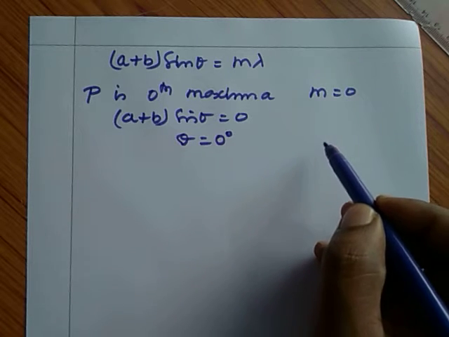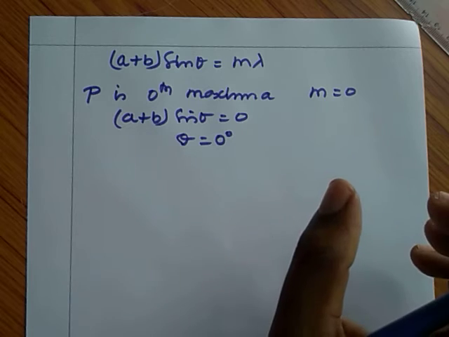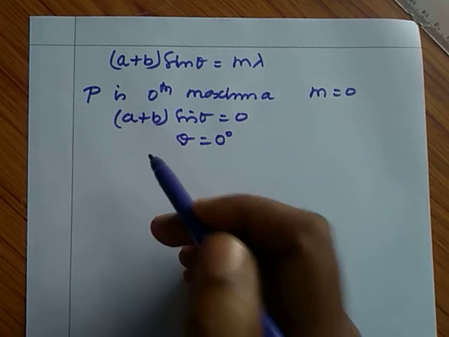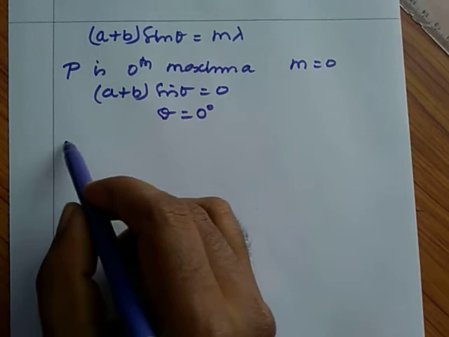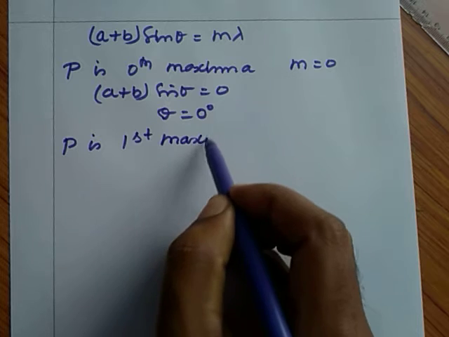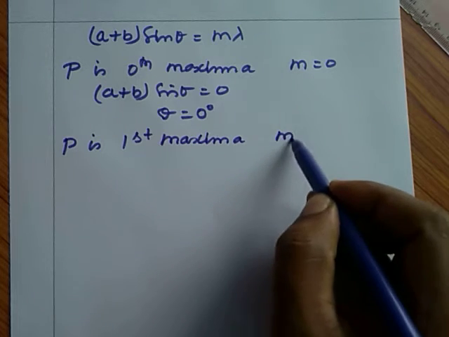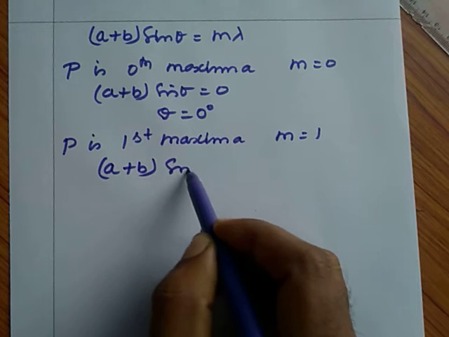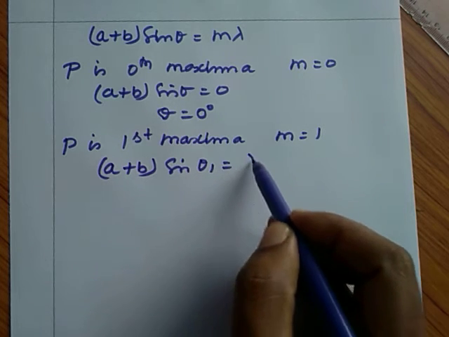This shows the central maxima is at an angle of 0 degrees. Then for the point P to be the first maxima, we put m is equal to 1, then we get A plus B sin theta 1 is equal to lambda.